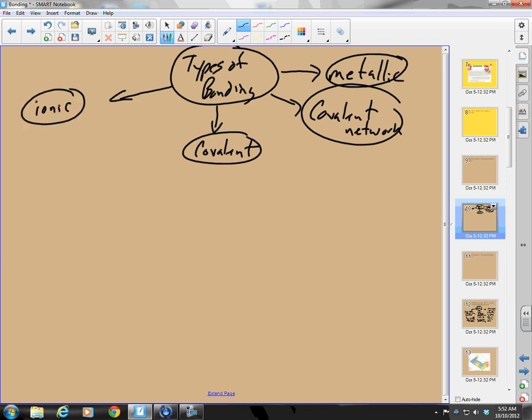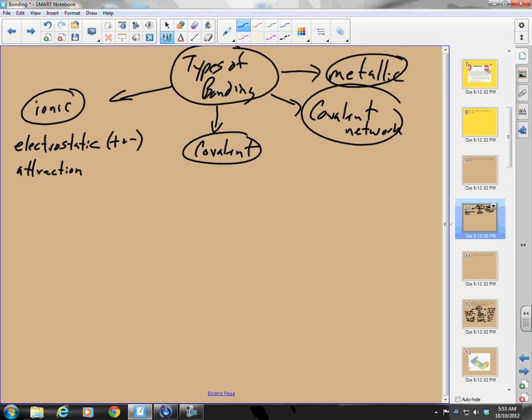So let us get into covalent and ionic. What is an ionic bond? The way I like to define it is, this is an electrostatic attraction. What is electrostatic attraction? That means an attraction between positive and negative.